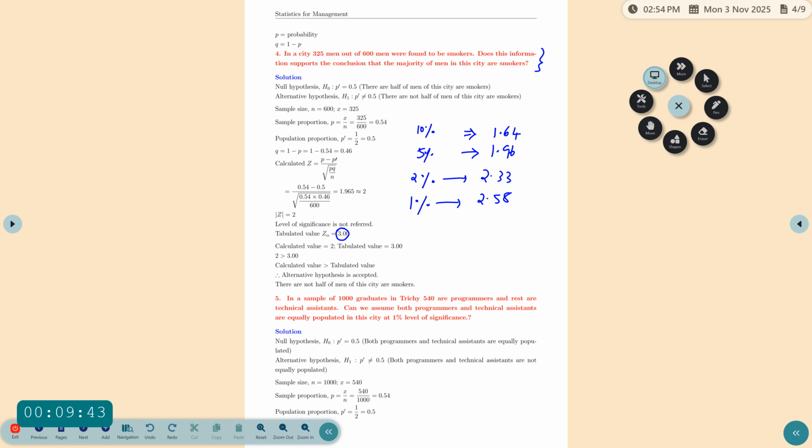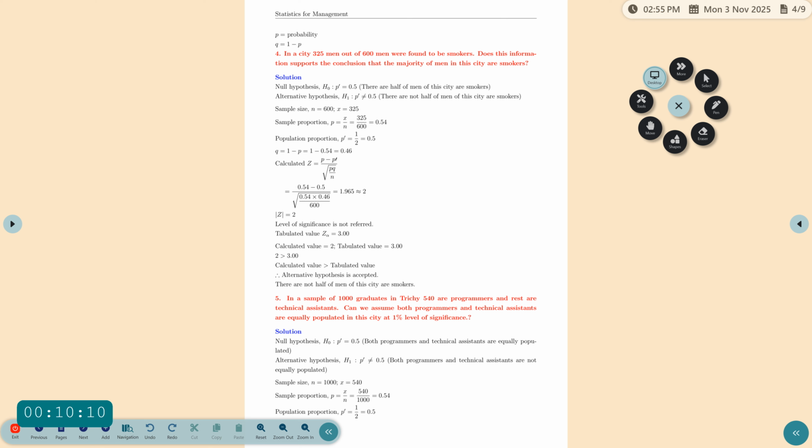And if no information about the level of significance is given, then Z alpha is 3. Here no level of significance is given in the problem, so we take the tabulated value simply as 3.